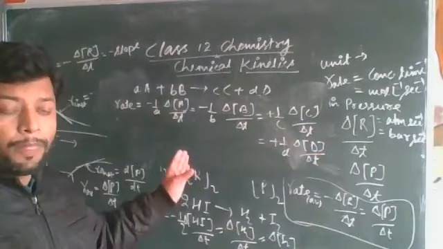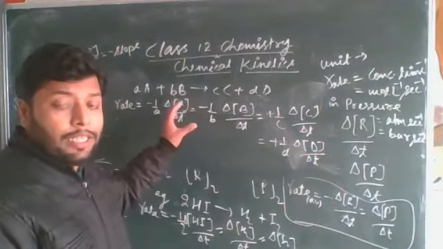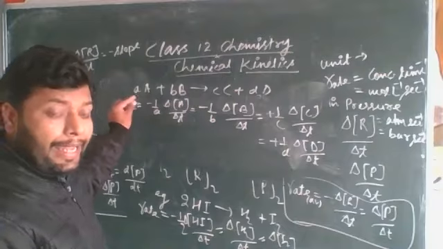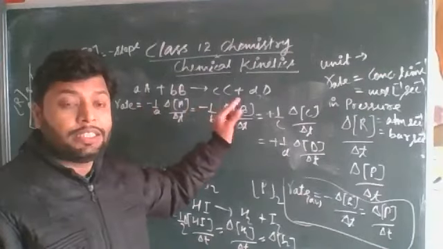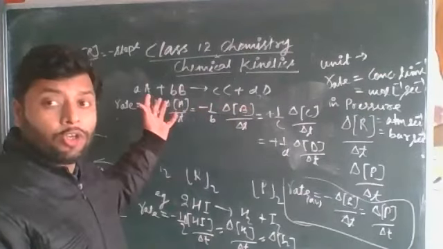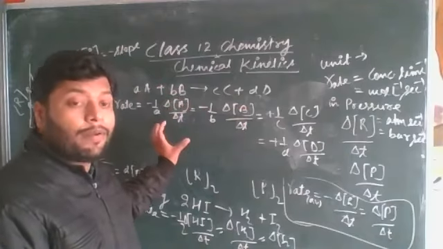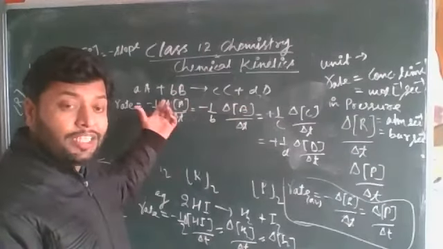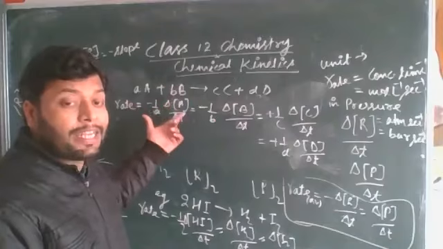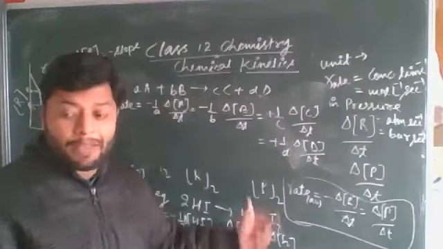Look at the possibility. For any general reaction, if the reaction is like aA + bB = cC + dD, indicating some stoichiometric coefficients given, the coefficient must be in an inverted position, a reciprocal position, with a different sign. For reactants there will be a negative sign, and for products there will be a positive sign.